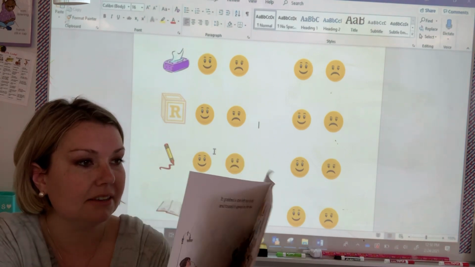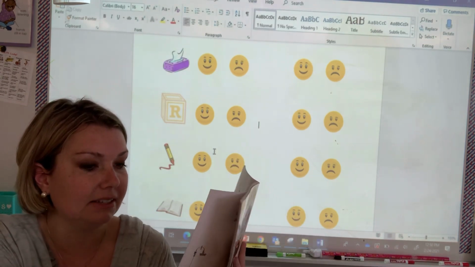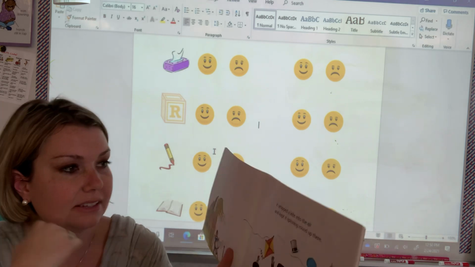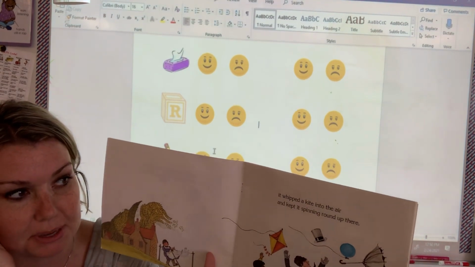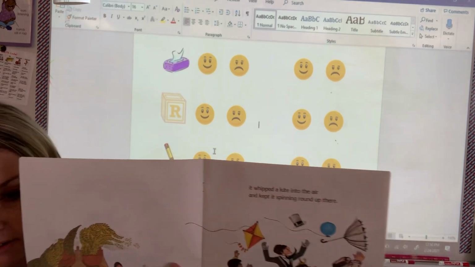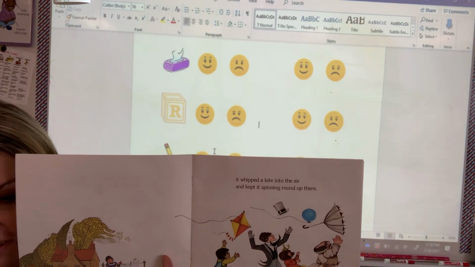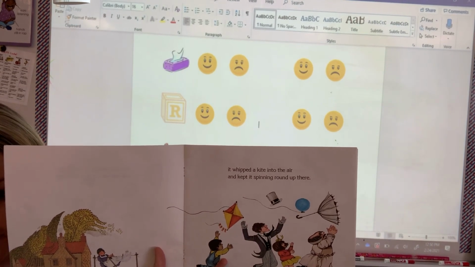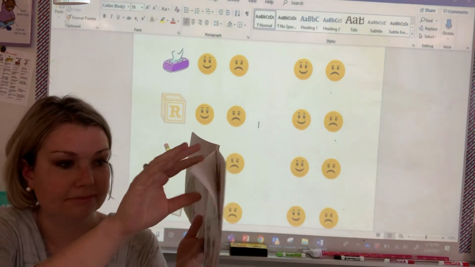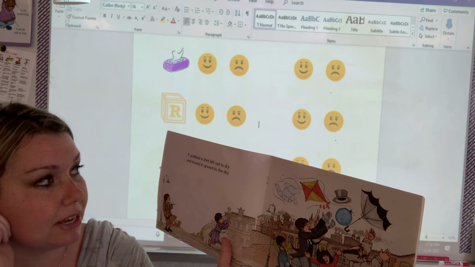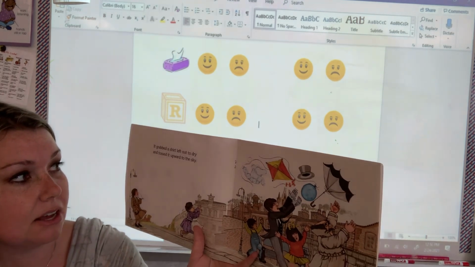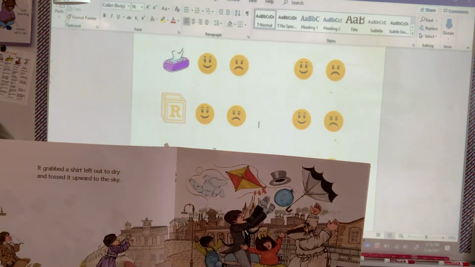It whipped a kite into the air and kept it spinning round up there. It grabbed a shirt left out to dry and tossed it upward to the sky.